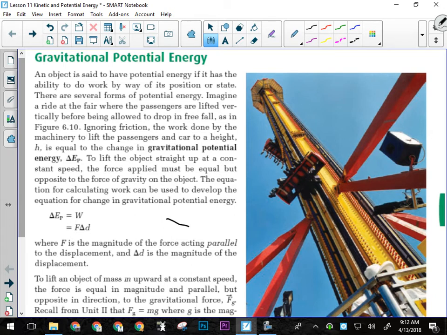But as long as I'm near some gravitational body, then I will have gravitational potential energy. The other thing is I have to be at a certain height away from the surface or center of that body. That's where the formula comes from.